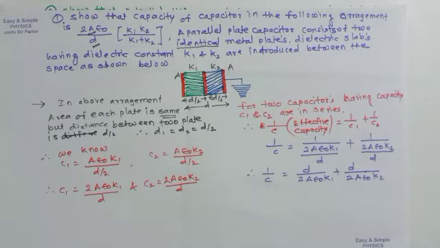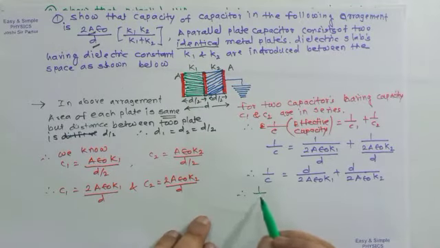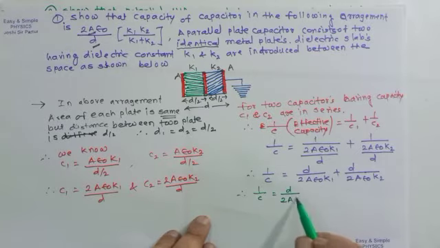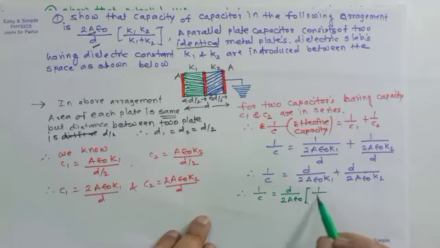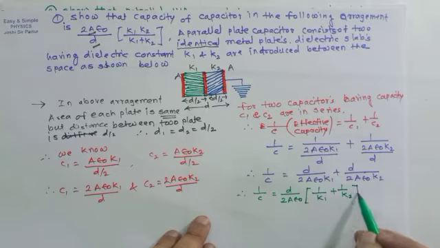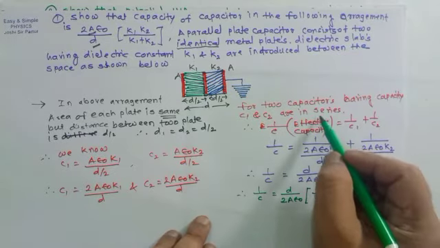If we take the common term D upon A epsilon 0, therefore 1 upon C equal to D upon 2 times A epsilon 0, here 1 upon K1 plus 1 upon K2. This is for the series combination.